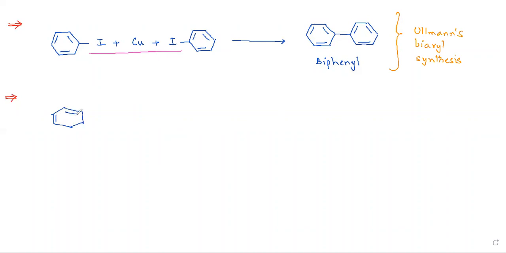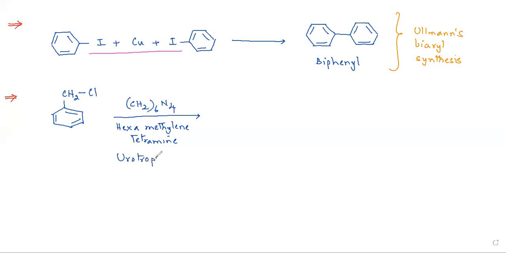See, when benzyl chloride is treated with urotropin, nothing but hexamethylene tetramine, we get benzaldehyde.